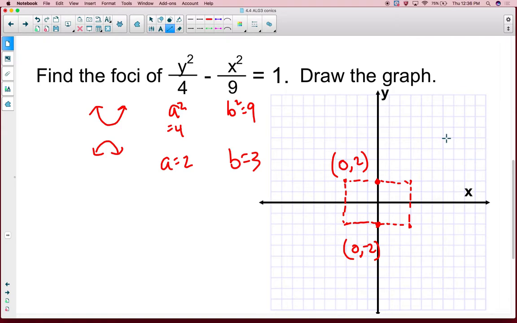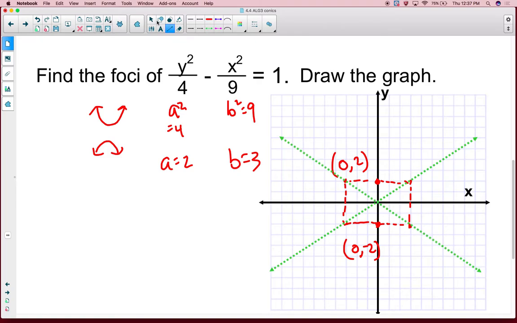Okay, so starting from here, this is what the diagonal or your asymptote will look like here. And then rise 2, run 3, 1, 2, 3. Okay, and then it will go through like this.